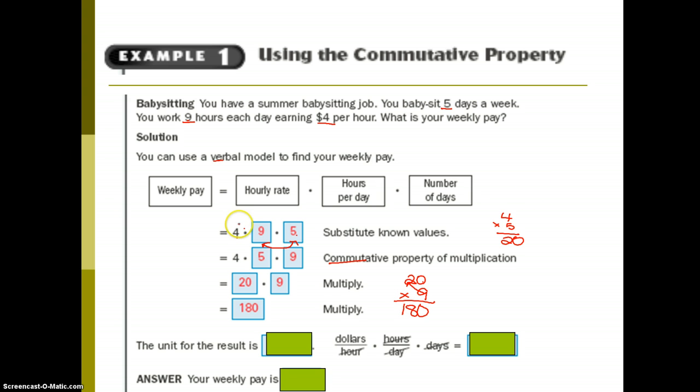Remember, the first way up here would have been to take 36 times 5. And now that might involve a little bit more math that you have to write out. And the unit result is the fact that it's the weekly pay, which means it would have to be dollars, because it wouldn't make sense for weekly pay to be 180 hours. It's your pay, so it's dollars.